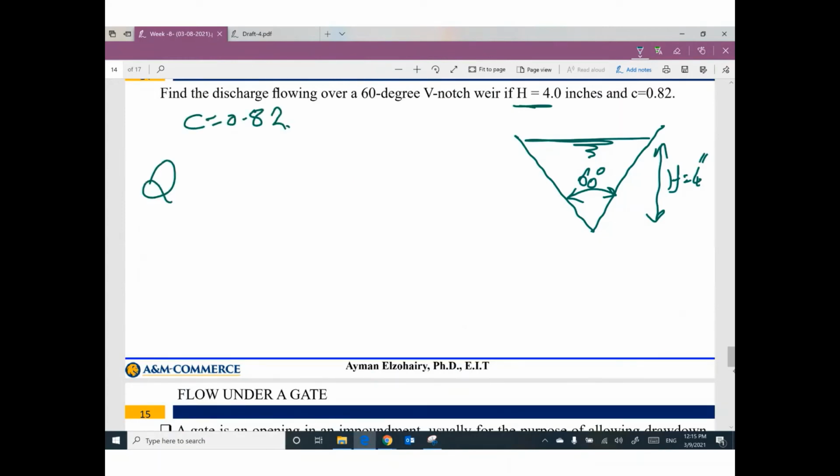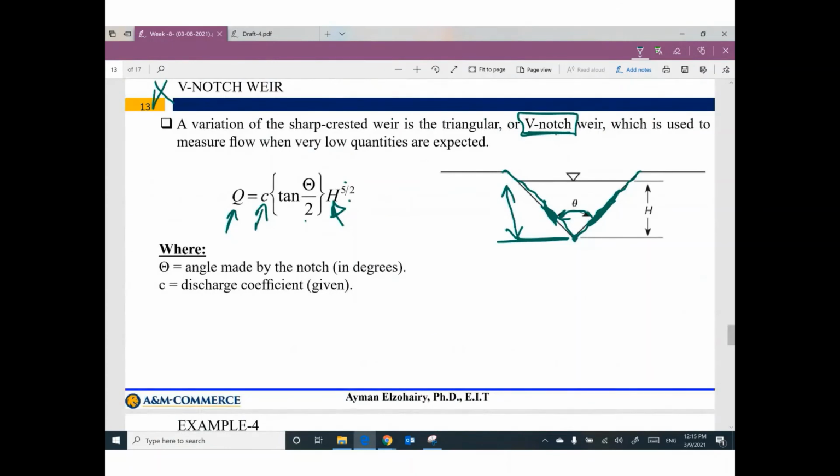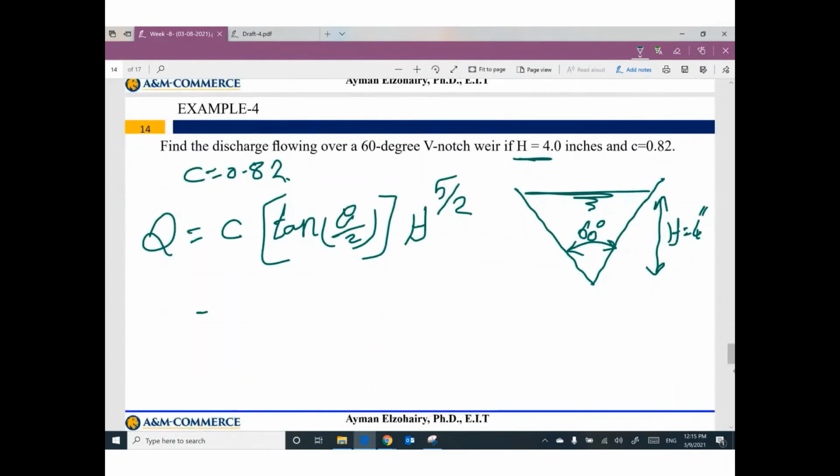Okay, so the discharge equals C tan theta divided by 2 h to the power 5 divided by 2. That makes sense? So C 0.82 tan 60 degree divided by 2 times h. This h equals 4 inch. I think 4 inch equals 0.33 feet.